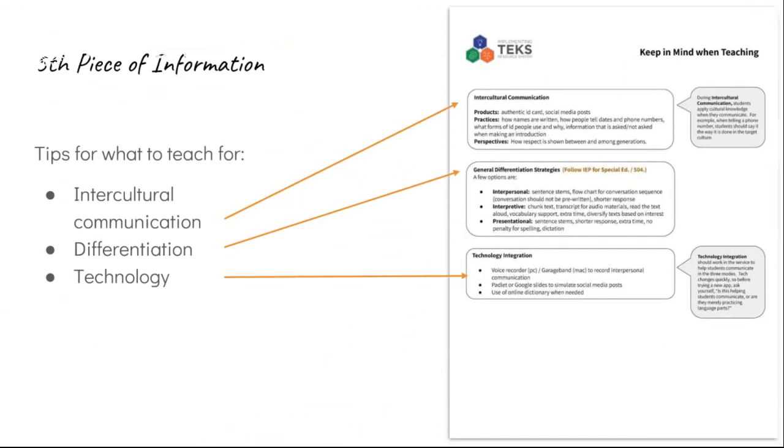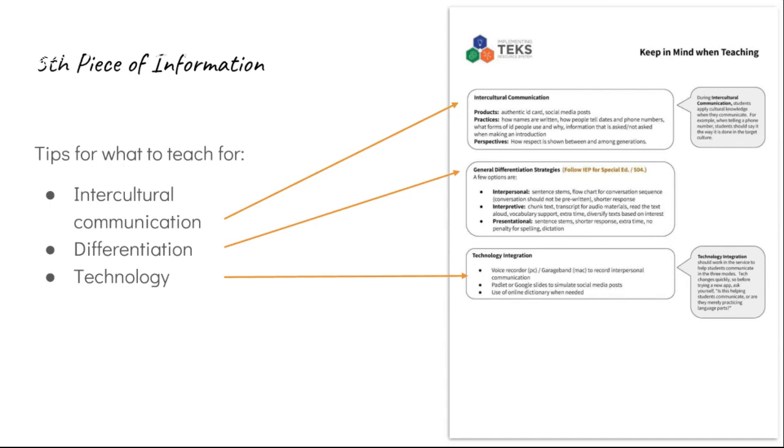All right, now, another piece of information in your unit document is tips for how to teach intercultural communication. So, for example, if we are exchanging personal information and someone asks for your digits, right? Maybe your phone number so they can send you a text message, then you would want to teach the kids the way people say phone numbers in the target language.